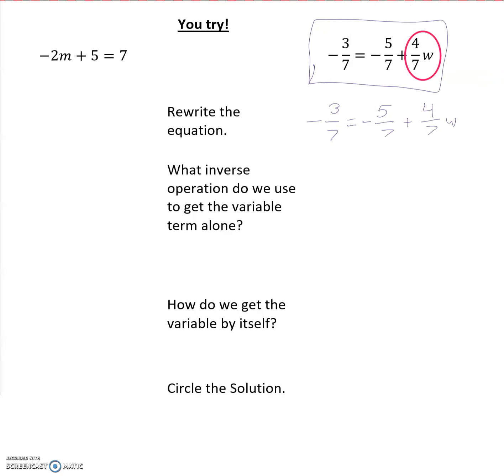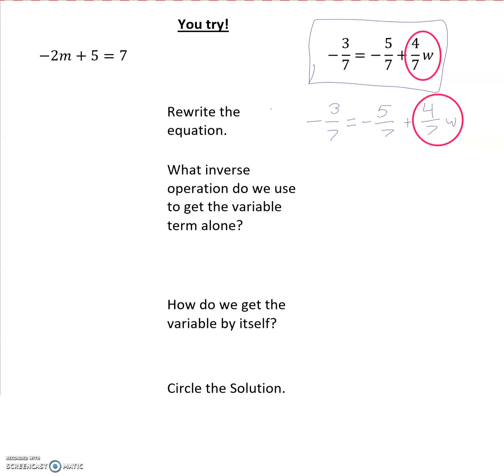I'm going to go ahead and redraw my circle just to remind myself, hey, don't want to touch that just yet.